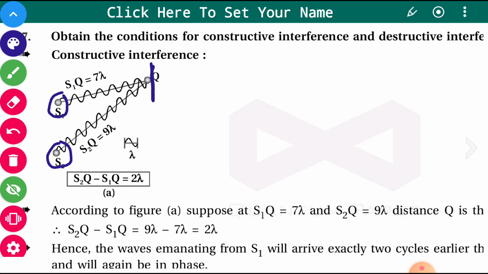Let us assume that the point Q is at distance 7 times lambda, that is 7 times the wavelength from the first source, and S2Q is 9 times the wavelength from the second source. Wavelength of both the sources are same. So the difference S2Q minus S1Q is 2 lambda, that is the path difference.